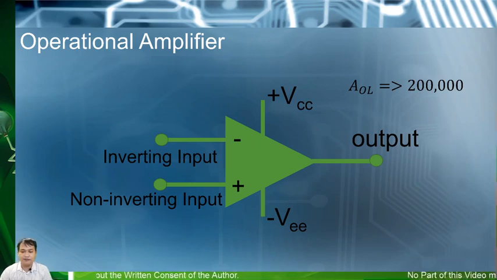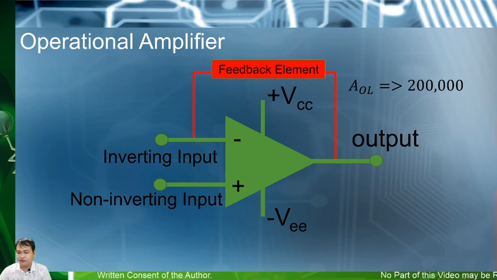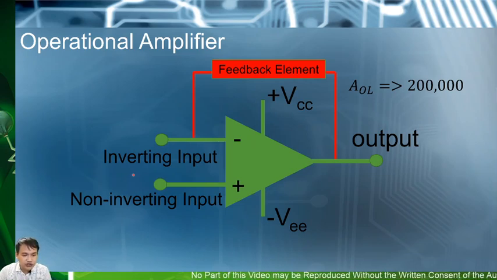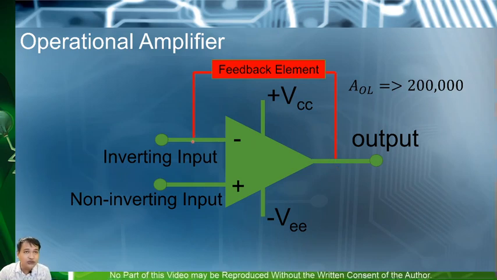Another thing about the op-amp is that it is used with a feedback circuit. When we say feedback, a certain portion of our output is being returned to the input.